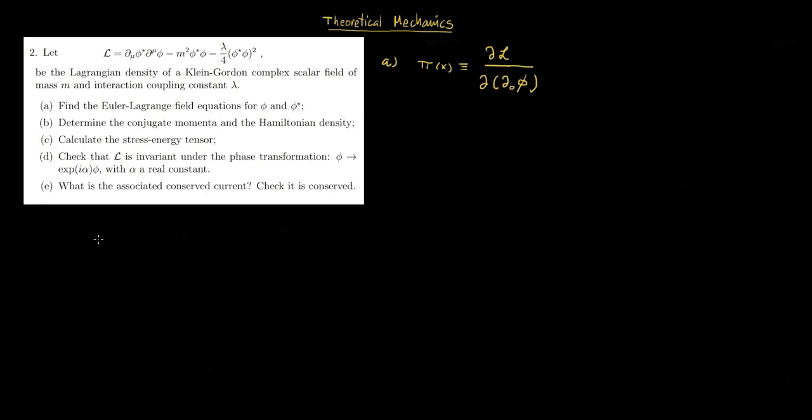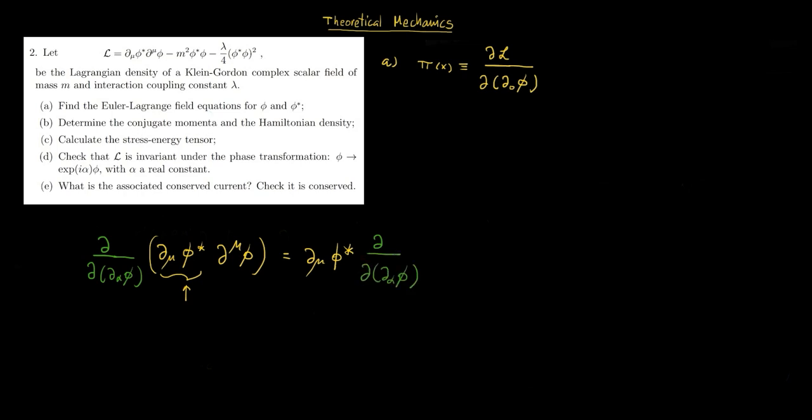So let me calculate, in general, the partial derivative with respect to partial alpha phi of partial mu phi star, partial nu phi. This term can go outside, partial mu phi star times the partial derivative, and we can lower this index by putting g mu nu partial nu phi.